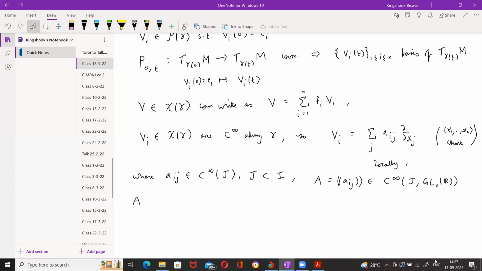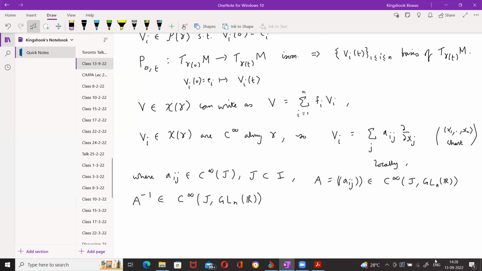So A inverse also takes values in GL_n(R), and it's a smooth map into GL_n(R) also. The inverse matrix is also a smooth matrix valued function.